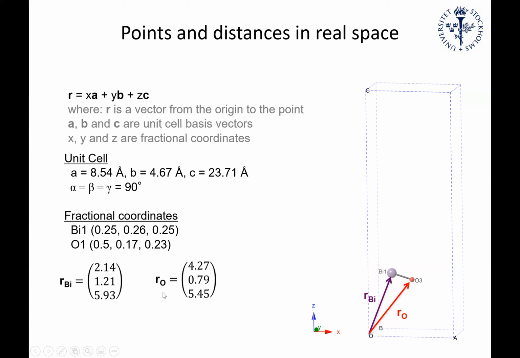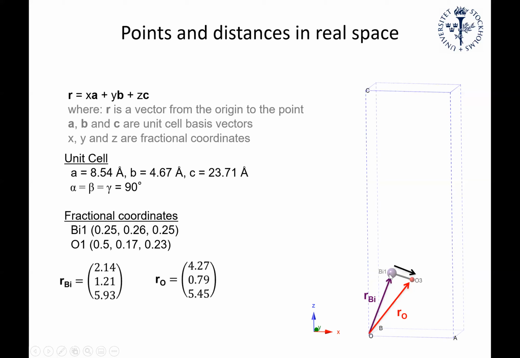So these are now two different vectors going from the origin, one to the bismuth and the other to the oxygen. And once you have these two vectors, we can get the vector in between these two atoms. Say we want the vector going from bismuth 1 to oxygen. You can get this vector by subtracting these two other vectors.